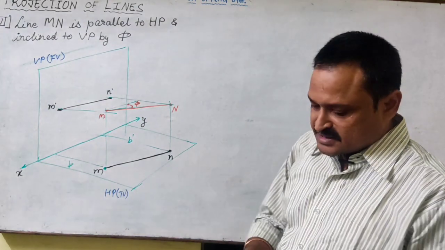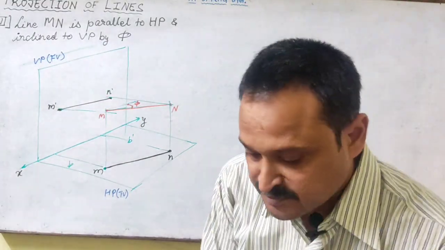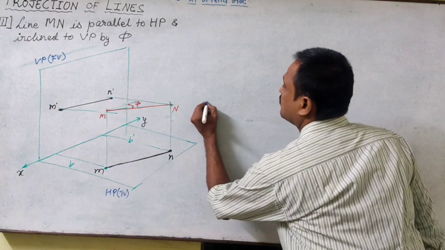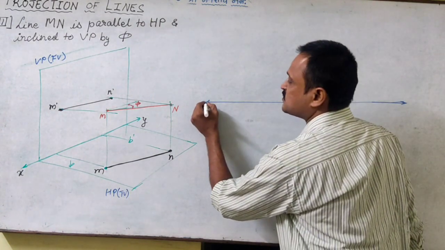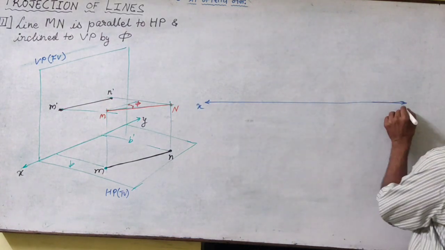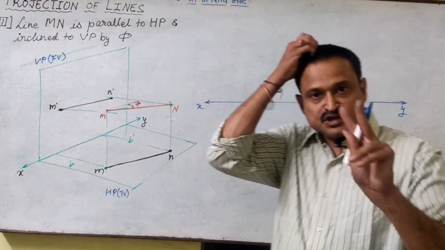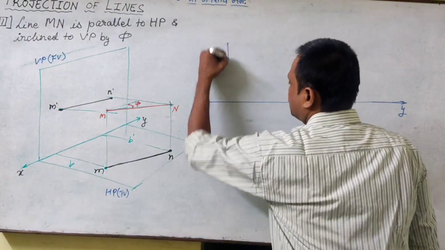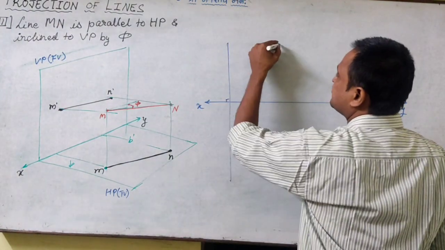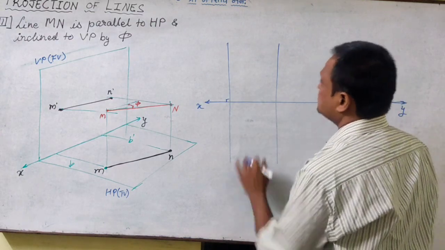So let us see what will be the projection or the orthographic projection. So this is the reference line XY. Two points, two projectors, and projectors will be perpendicular to XY line and they will be parallel to each other.